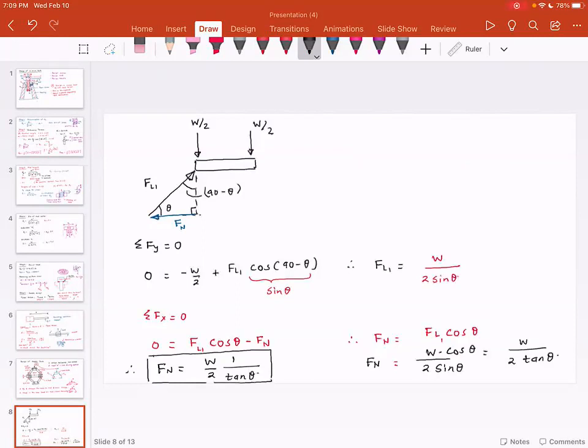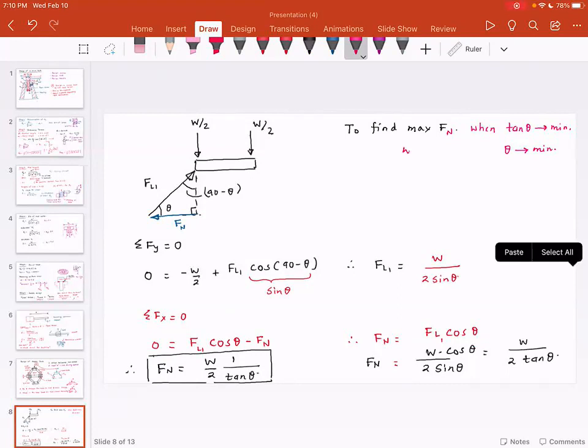Now please understand, we have to find out the maximum value of Fn. To find max Fn, Fn will be maximum when tan theta will be minimum, and tan theta will be minimum when theta is going to be minimum, and theta is going to be minimum when the jack is at the lower state.